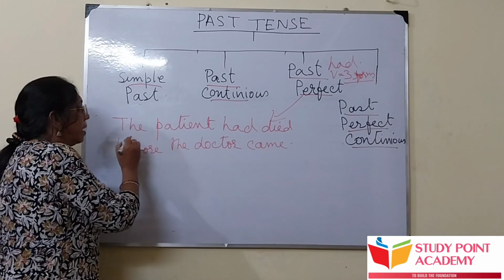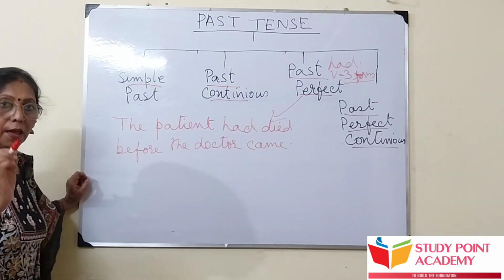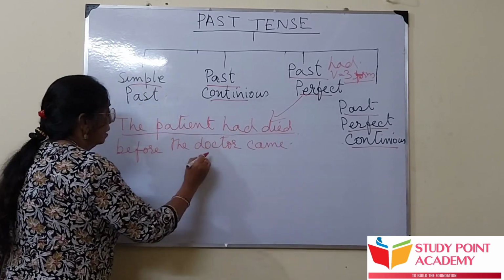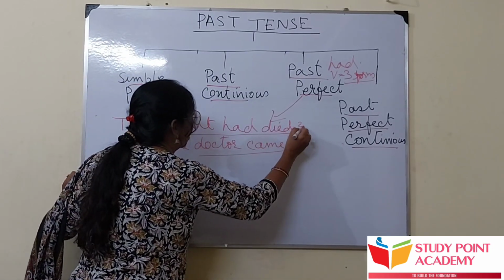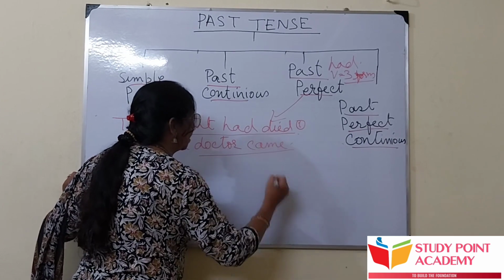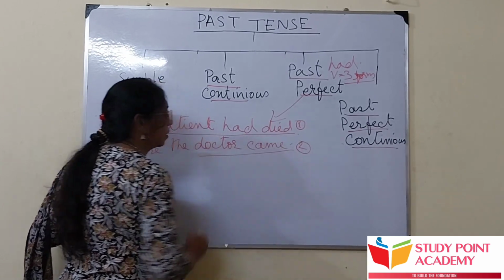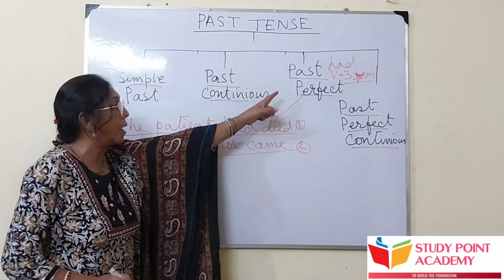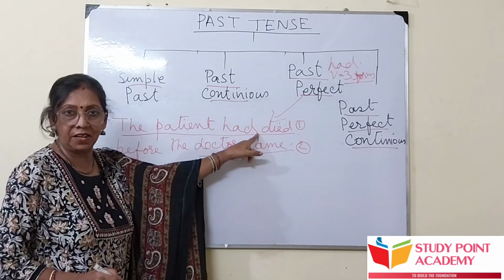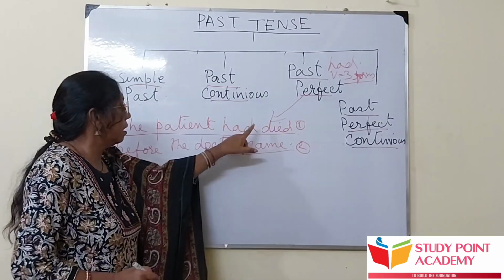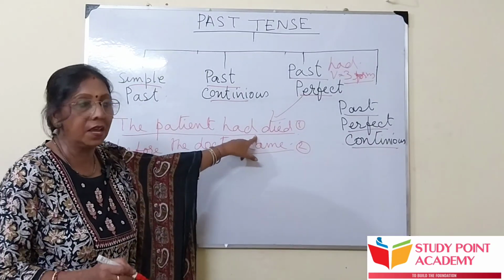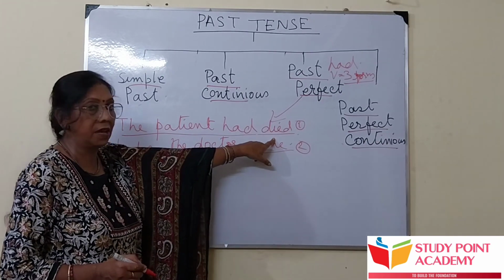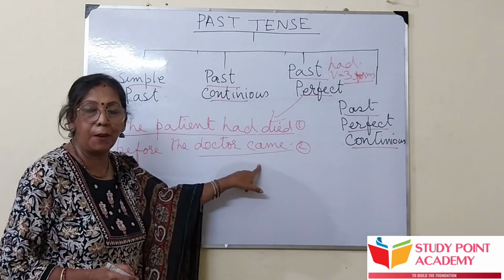Now you see the two actions. The patient had died is one action. The doctor came is the second action. In the first action, which is finished, we have to add past perfect, and the second one will be simple past.